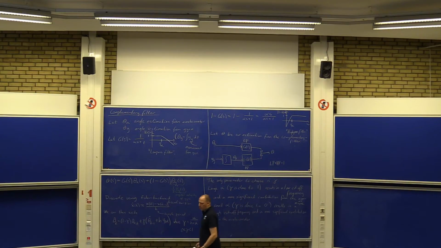And of course this is a trade-off, because if you have very low integration drift, then you can trust the gyroscope more, because it's not sensitive to these other forces, right? But there is always a problem with integration drift. So the larger the problem is, the more you have to trust the accelerometer.